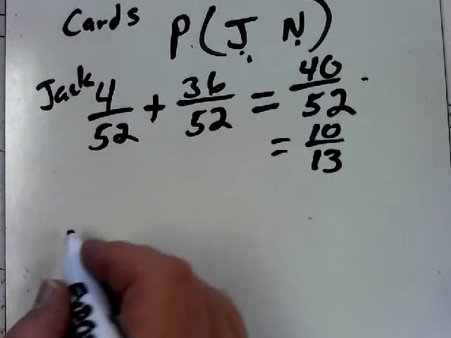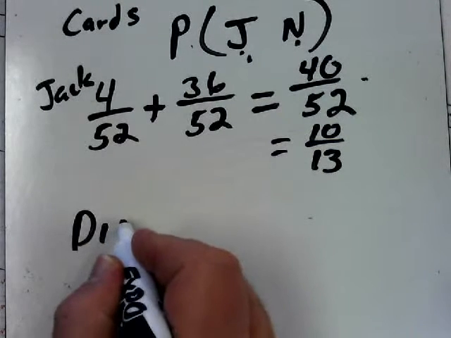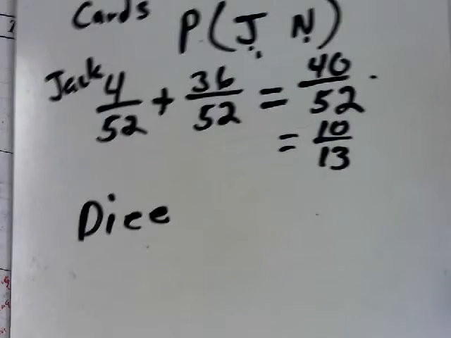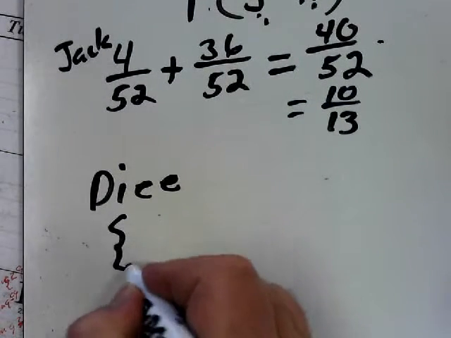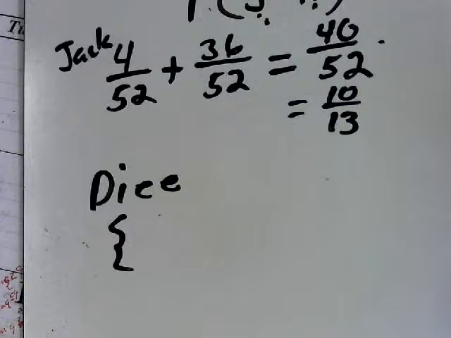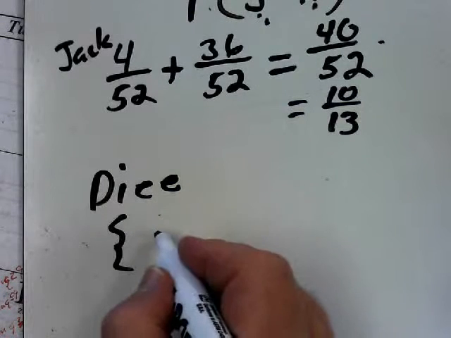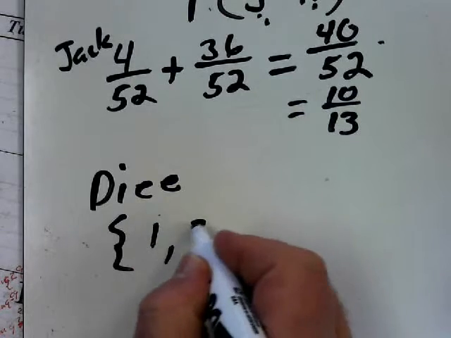What if I had a dice and I wanted to toss it a couple of times? On the first toss, I could get a 1 or a 3.